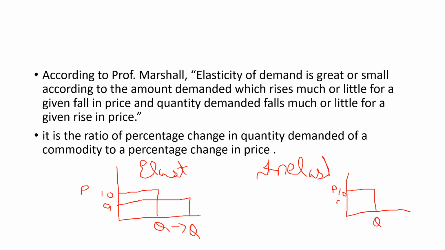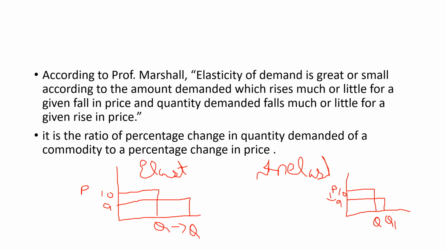Now it has changed to 9, only 1 rupee change. Then the demand for the product is this much only. There is not much change when the price is decreased. The demand will be the same. There will be no drastic change in the demand.